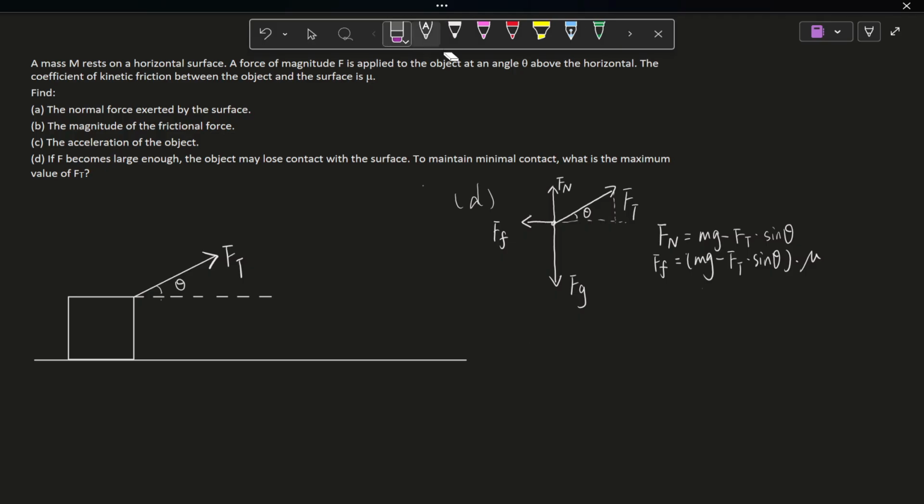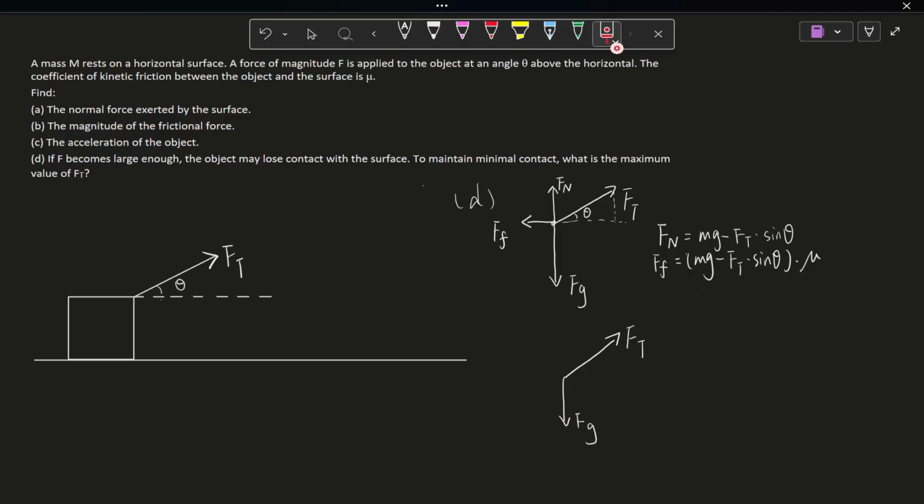In this situation, the free body diagram will look like this: Fg, no normal force, and this will be Ft. Also, there's no friction force since there's no normal force, right? Normal force is equal to 0, and so Ff is also 0.